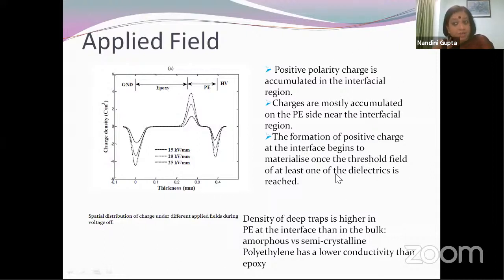And the interpretation of the pulse electroacoustic signal that you see has to be very carefully done. Calibration has to be very carefully done. And space charge measurement is quite a challenging task. But once you do that, it can be very useful in design of the insulation as well as in condition monitoring of the insulation. I will stop here and I'll take questions.